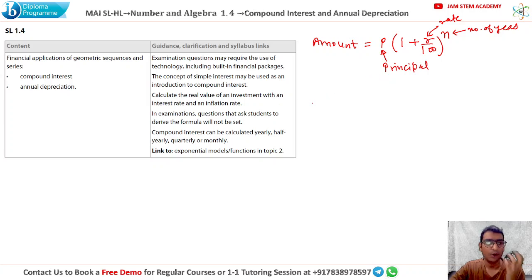But if there is an object and an inflation rate is applicable on that, let's say R is the inflation rate, so the value of that object gets decreased with time.